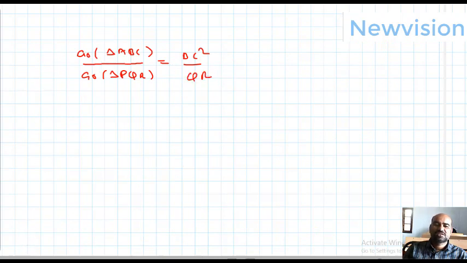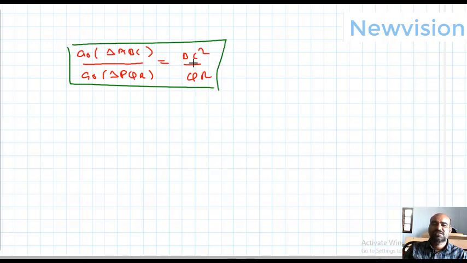What happened? If two triangles are similar, the ratio of the areas is the ratio of squares of corresponding sides.